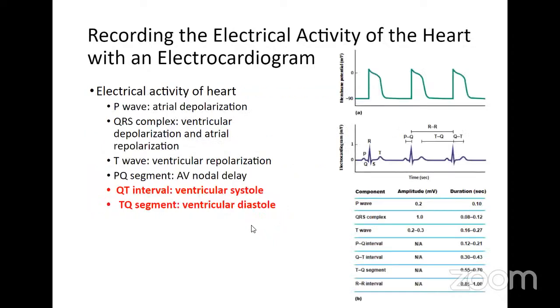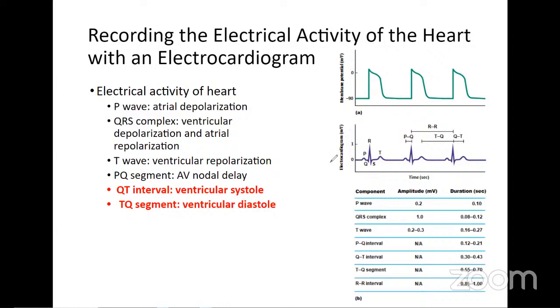All right. So what we are doing when we're recording an ECG, EKG, the electrical activity of the heart, is we're trying to figure out what in the heart is depolarizing, what is repolarizing at any given point in time, right?